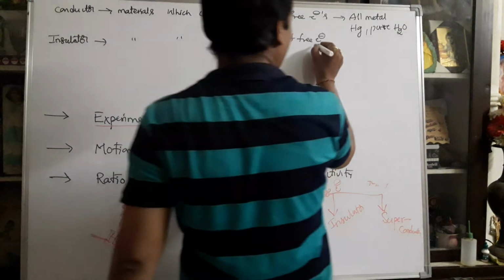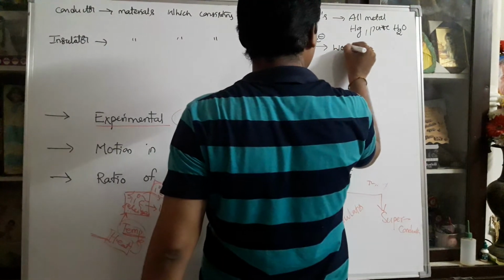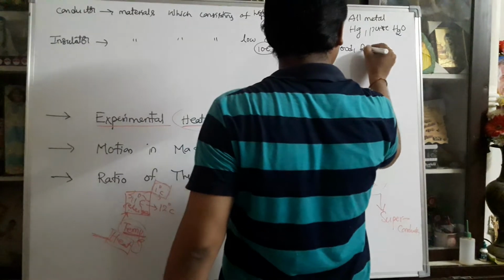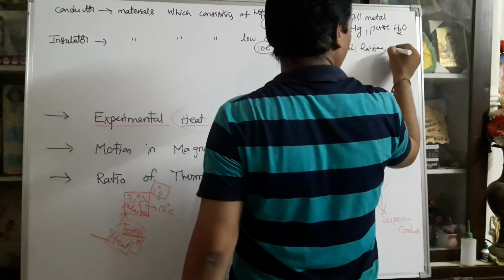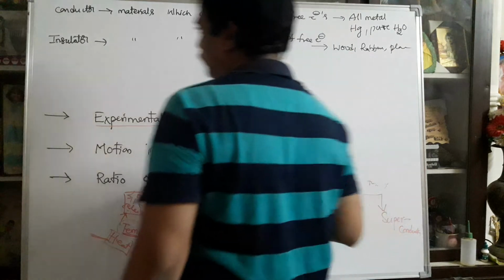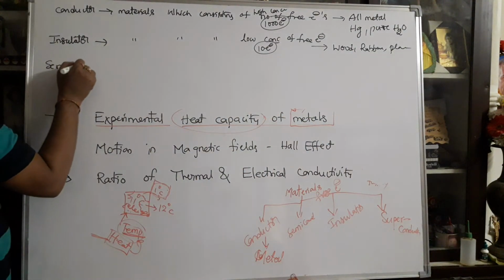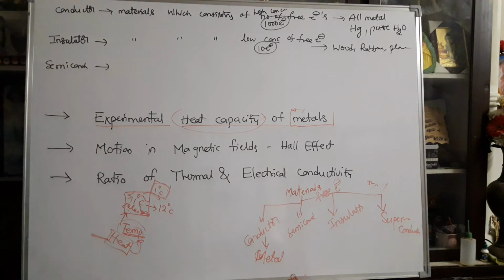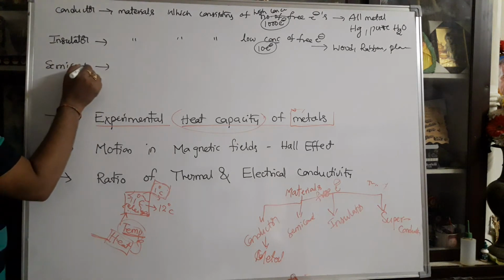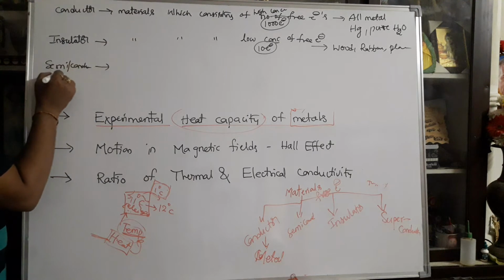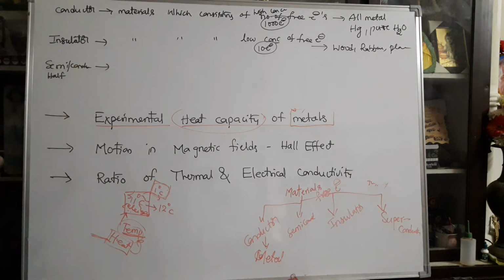The best examples for insulators are wood, rubber, plastic, etc. And one more type is called a semiconductor. Semi means half, so a semiconductor is a half conductor.